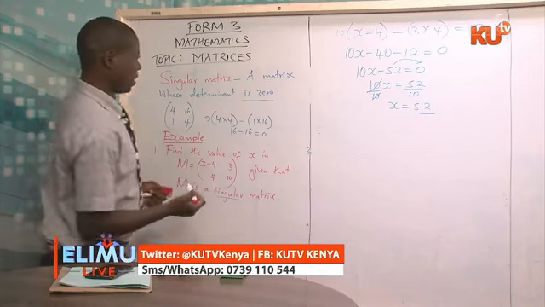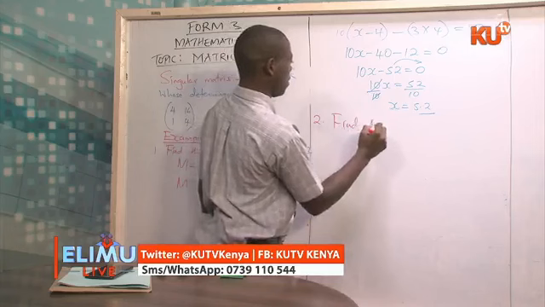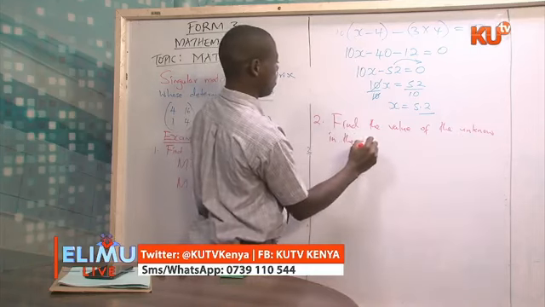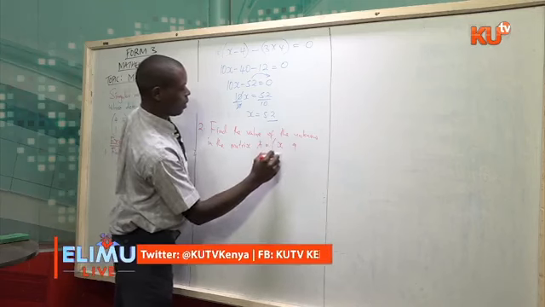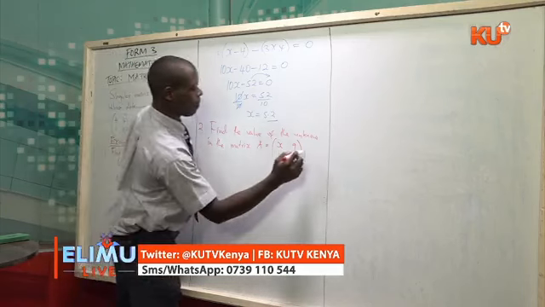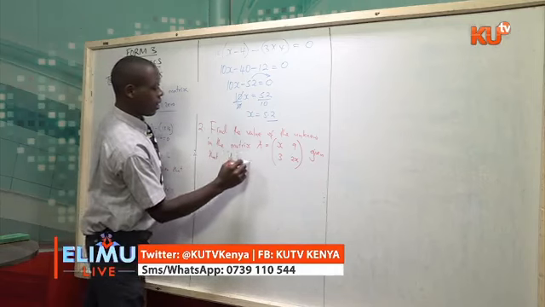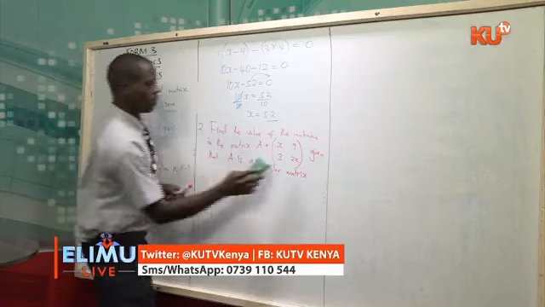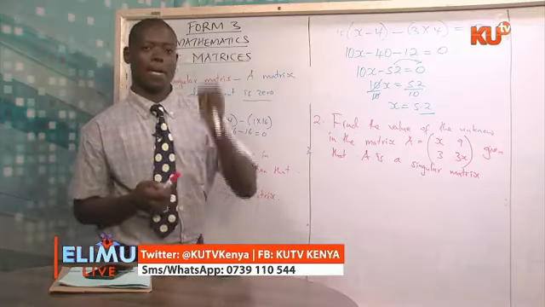If that is not the case, then we will have a structure where you are told to find the value of the unknown in the matrix A equal to 3x, 9, 3, x, given that A is a singular matrix.